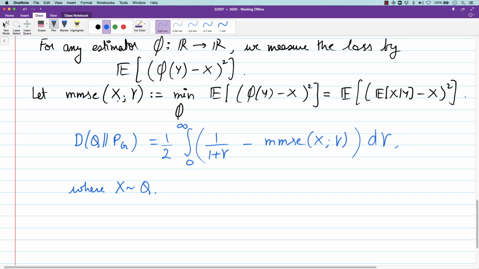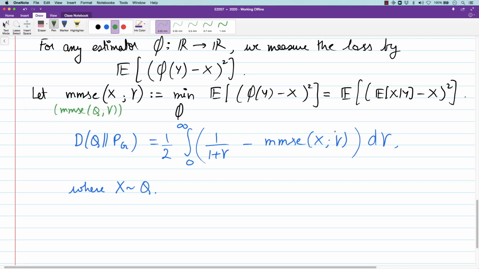This MMSE doesn't depend on x; it depends only on Q. So you can also think of it as MMSE of Q at gamma. It depends on the distribution, not really the realization.